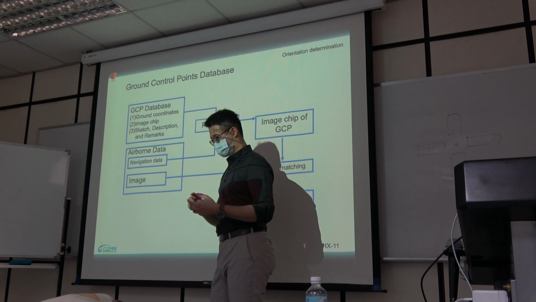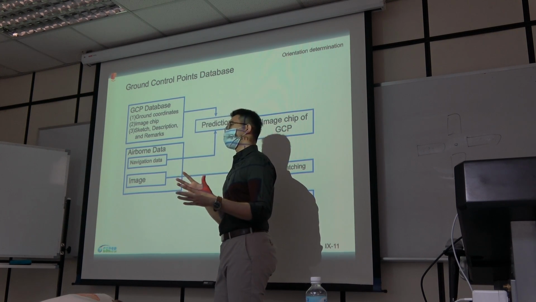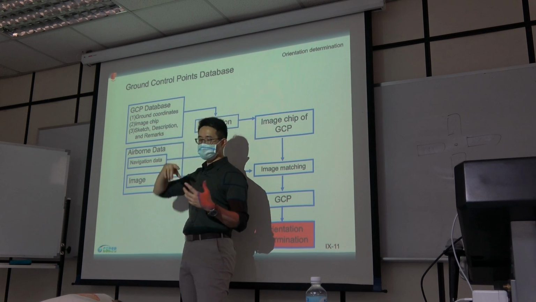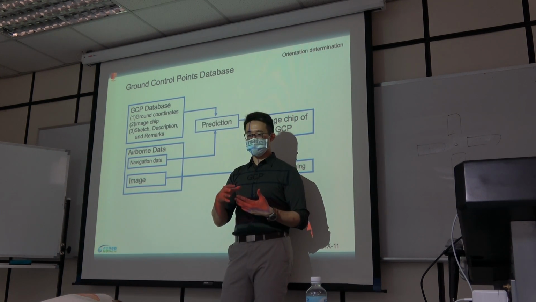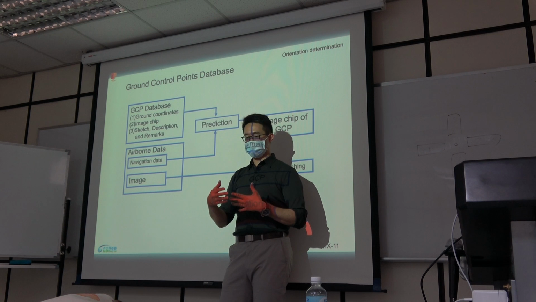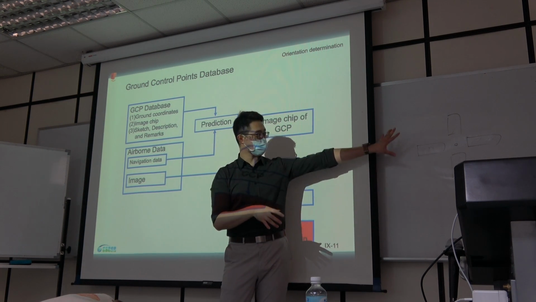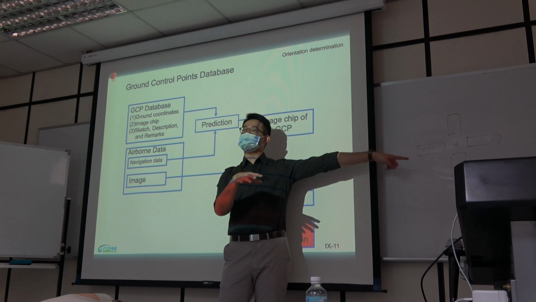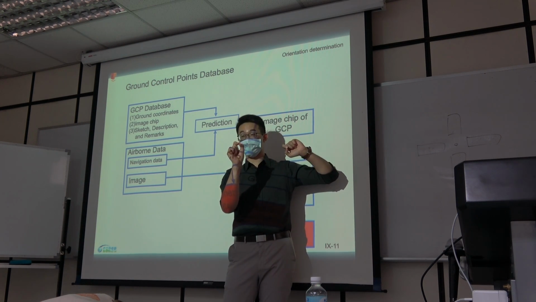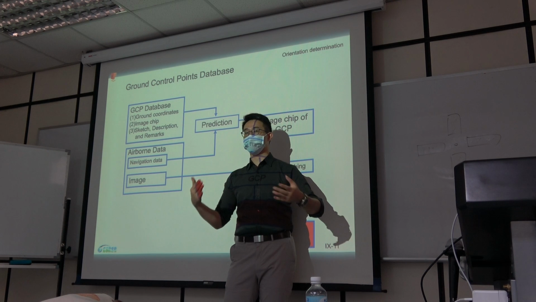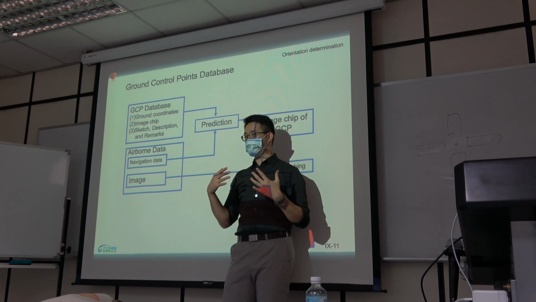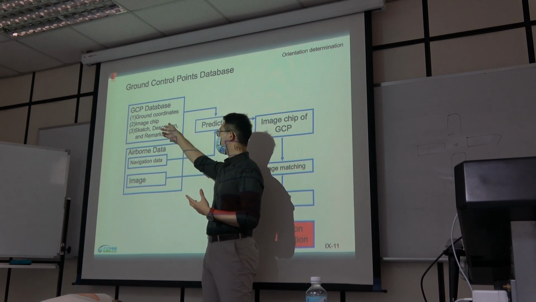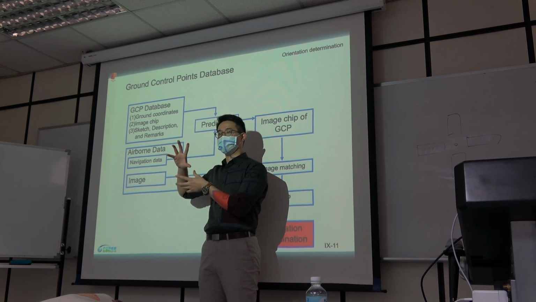Basically, what's the reason that we need this? Sometimes, after you take the photo and it covers the control point, you go to your image, find that feature and measure the image coordinates. That takes time if you do it manually. So the reason that we have the image chip is because we know the appearance of that control point.